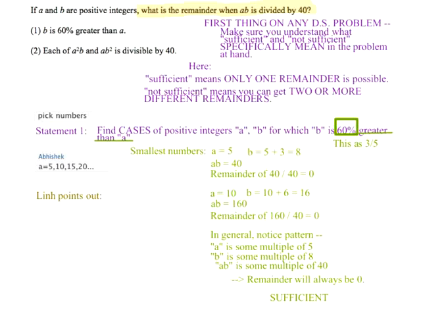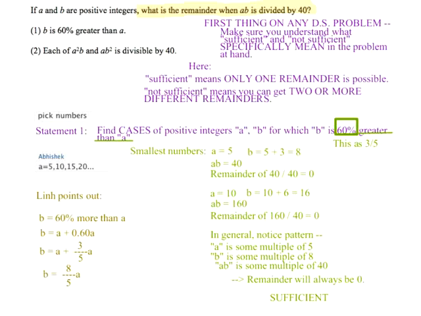B is 60% more than A, which means B is A plus 60% of A. In terms of fractions, that's A plus 3/5 A. The point being, make sure you're okay with converting these fractions. So B is 8/5 A. That's a useful observation if you're going to take an algebra type of approach to this, which we'll look at in a sec.